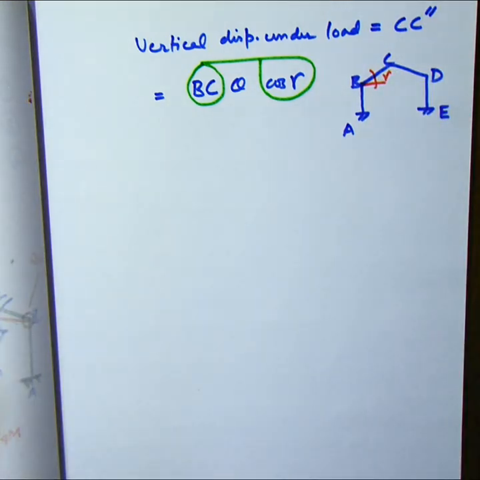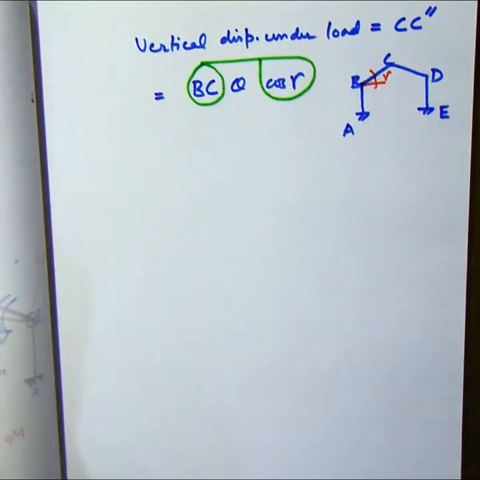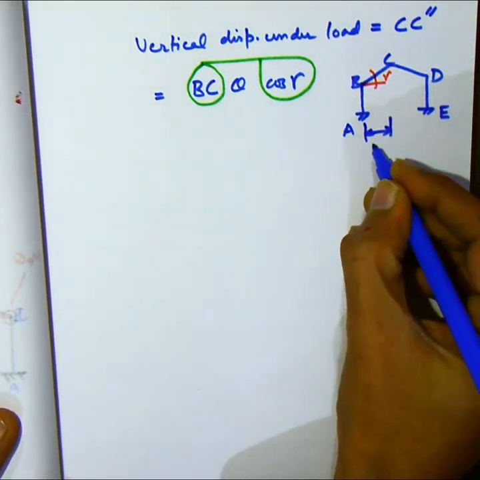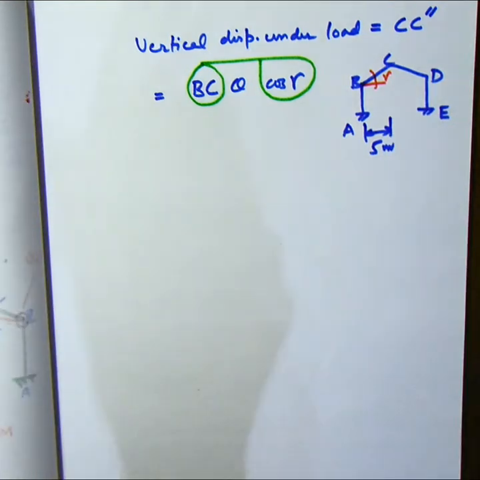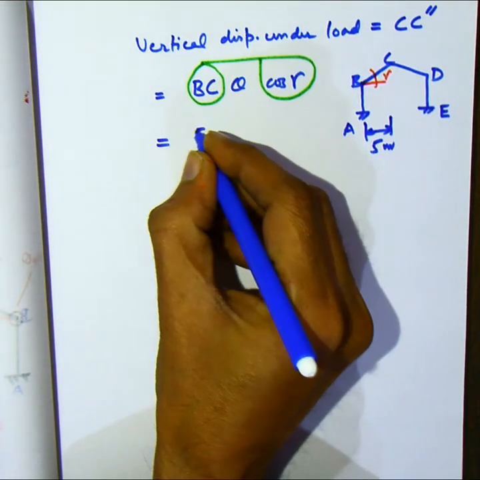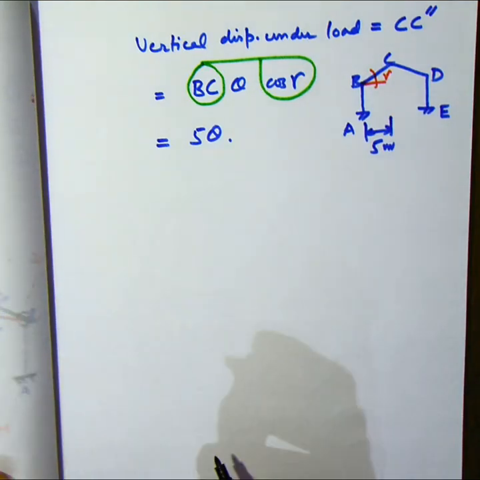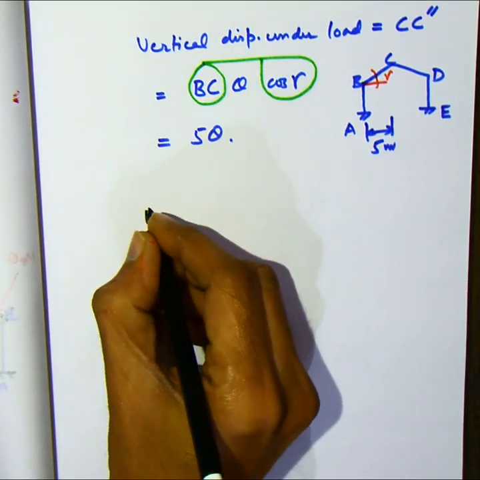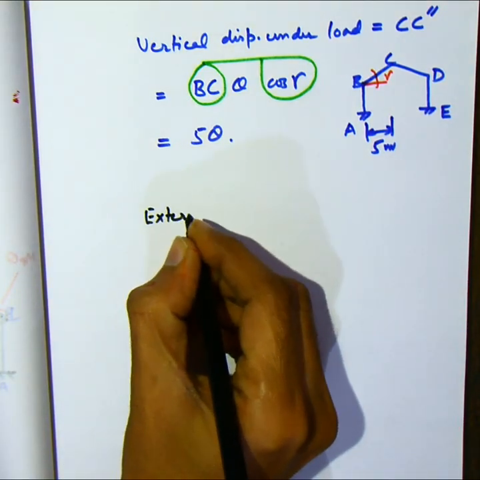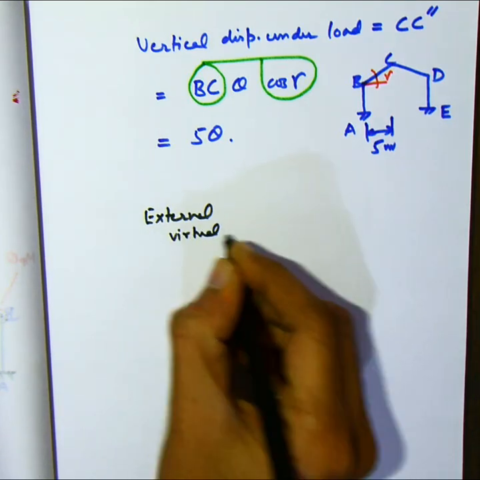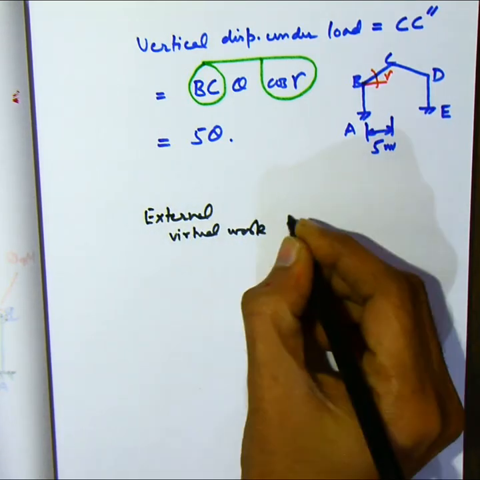BC cos gamma is the horizontal projection of BC, and that's equal to 5 meters. So the vertical displacement is 5 theta. Now we have derived these relationships, and all the rotations or displacements are expressed in terms of theta only. Theta is the only variable, so we can cancel it out on both sides.